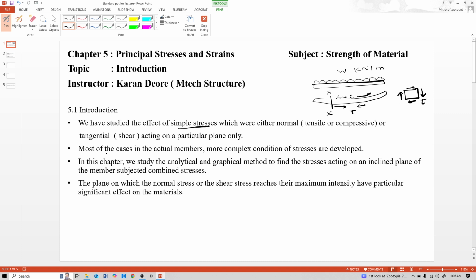Second bullet point: in most cases in actual members, more complex conditions of stresses are developed. Third, in this chapter we study the analytical and graphical method to find the stresses acting on an inclined plane of a member subjected to combined stresses. That means consider one rectangular body.